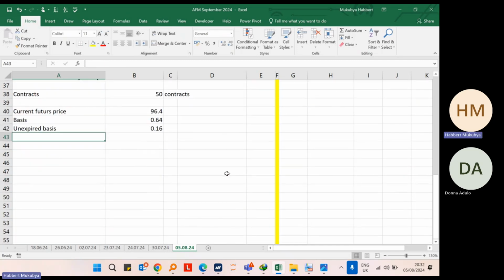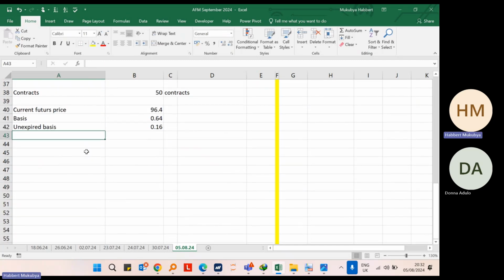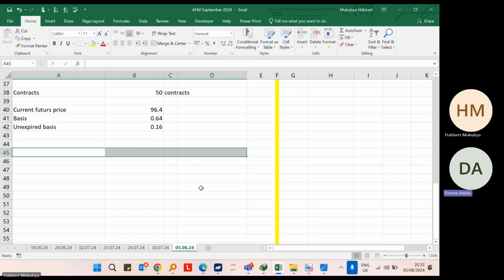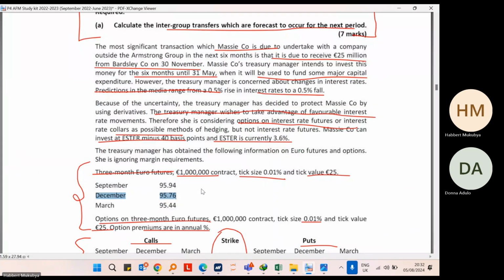So do you know that thing of the basis? Okay, there is a part that confused me. I don't know if you could go back to the question.